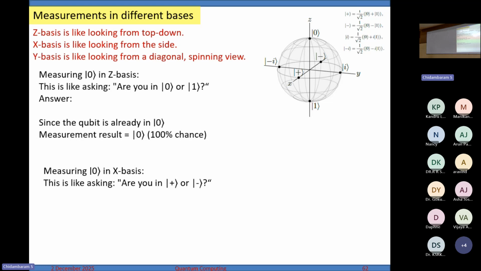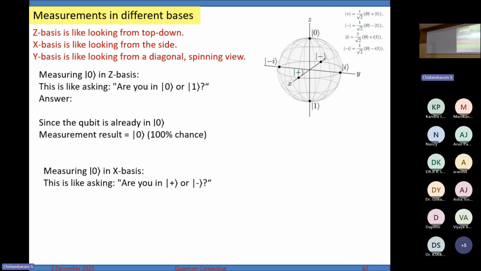Now I have ket 0. What is the basis I am measuring? X basis. What is the question I am asking? Are you in plus or minus? My qubit is in 0 only. When I am measuring in the Z basis, I am asking the question, are you in 0 or 1? Now I am measuring in the X basis.